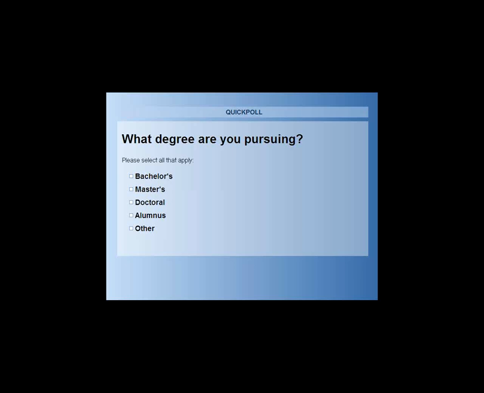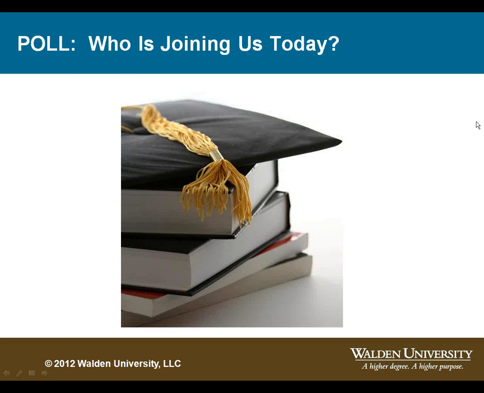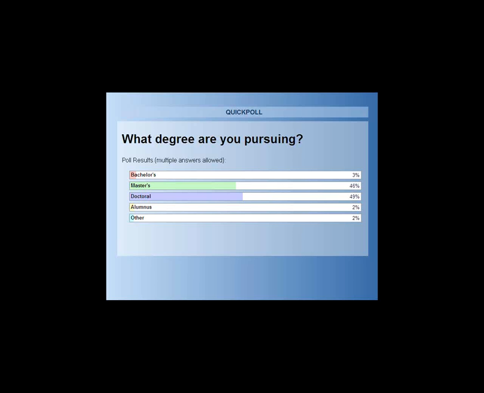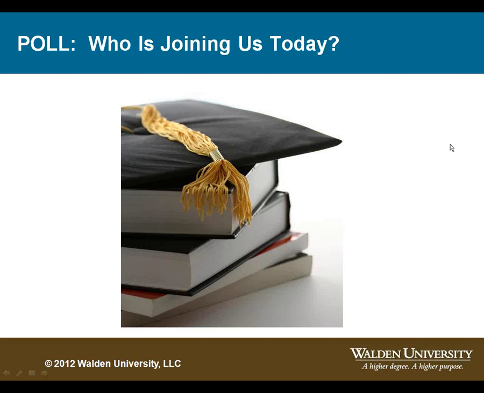Exciting to see also prospective students and alums on the line as well. So let's take a second to look at those results, and get on with the introduction of our presenter.